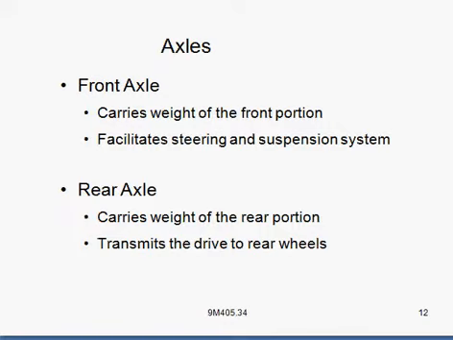The front axle carries the weight of the front portion of the vehicle, and the rear axle carries the weight of the rear portion. The front axle facilitates the steering and suspension system as well, and the rear axle transmits the drive to the rear wheels. Here the drive is transferred to the rear axle only. The front axle is used only for steering purposes.